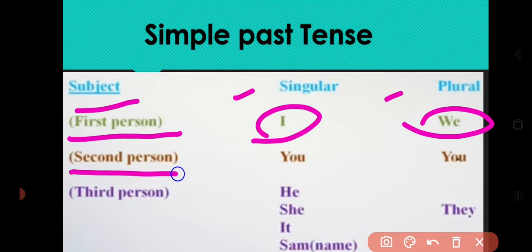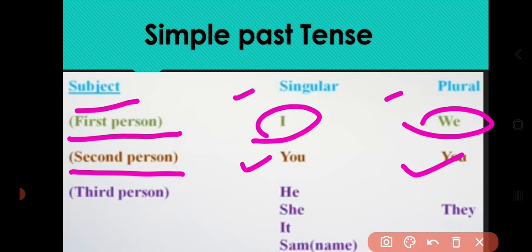Now what is the second person? The person to whom we are speaking is known as the second person, and in singular we use you, and in plural we also use you.